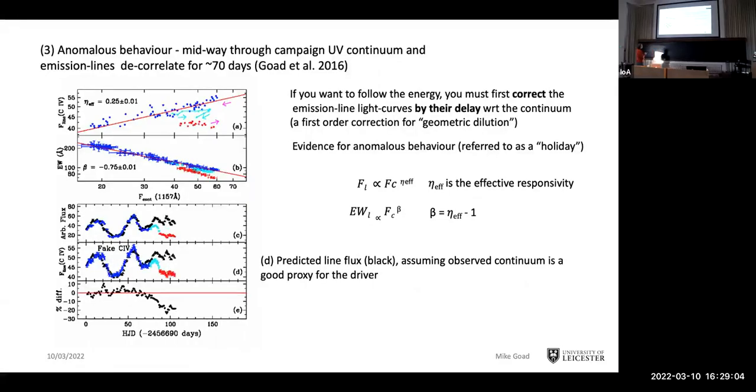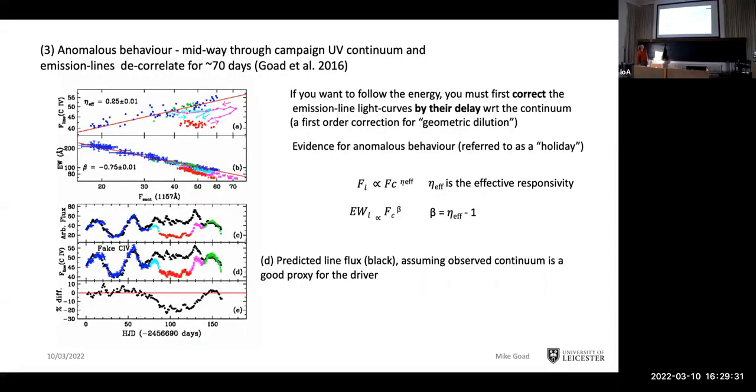Now, when you do that, you can look at panel C here. You can see that midway through the campaign, the line, which is the coloured blue to cyan to red and so on, actually decorrelates. Okay, so in the first half of the campaign, they're highly correlated, and then, as Kirk and I referred to it, the broad line region basically parks the bus.